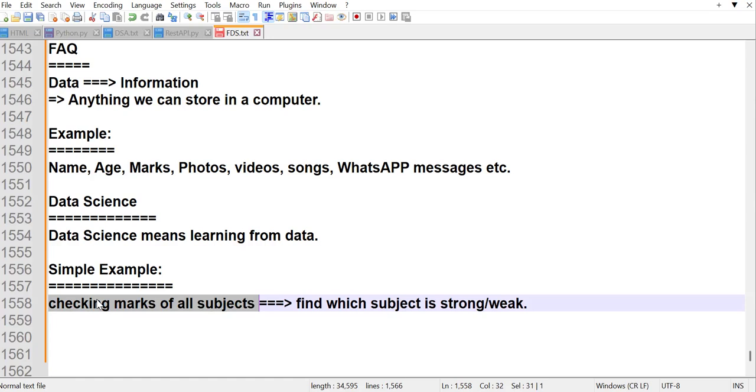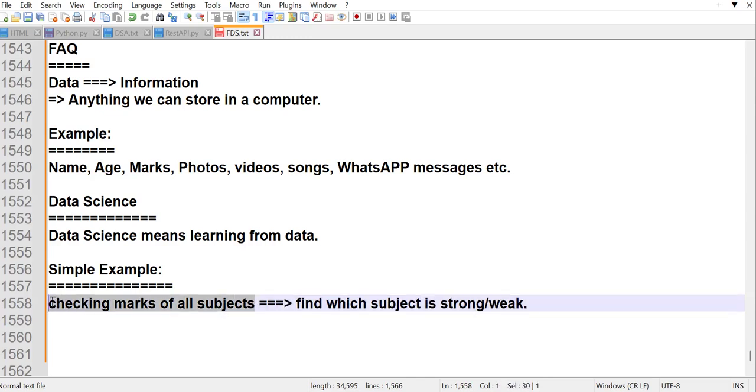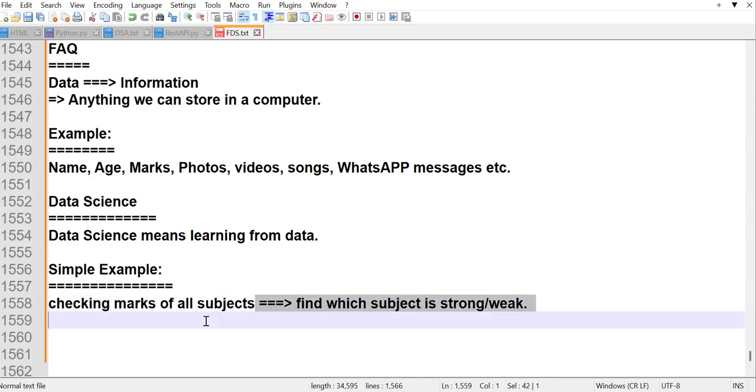So what you are doing is analyzing the data, checking the marks of each subject. Subject marks are what? Data. Based on data, for example, there are three students, and two students have a very poor score in mathematics, but one student has a very good score.